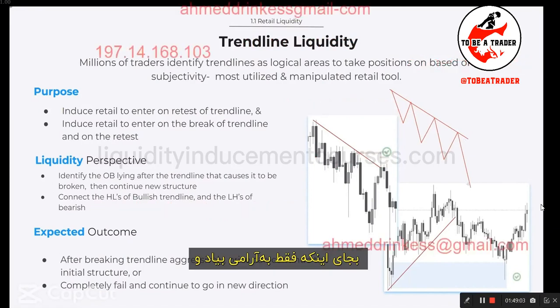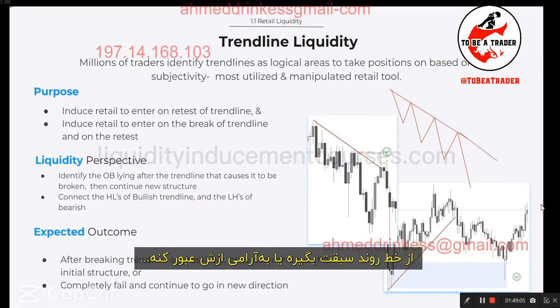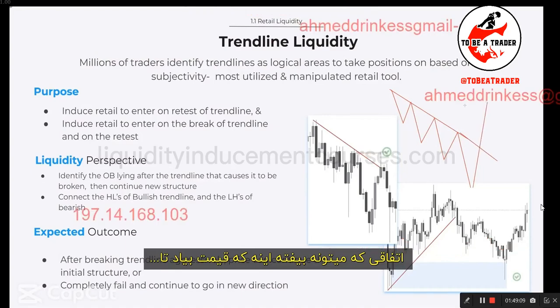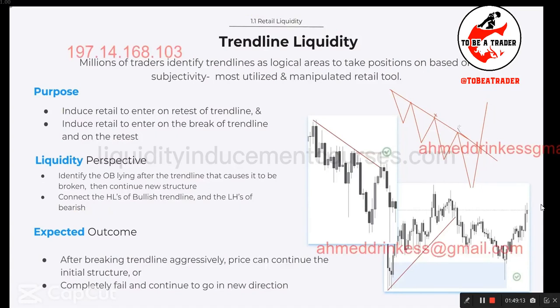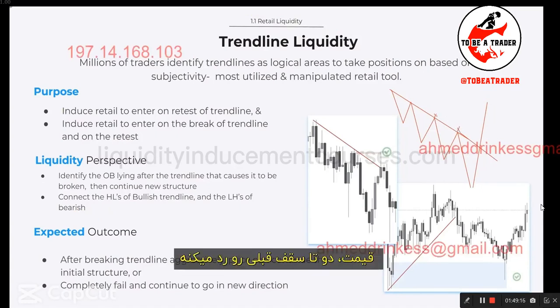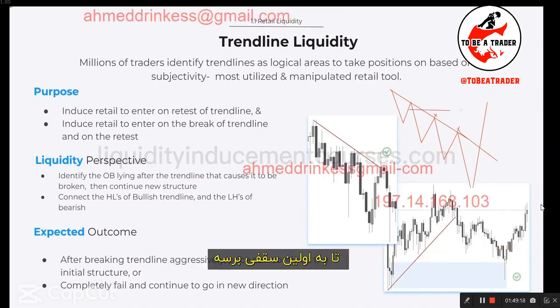Instead of just coming slightly past the trend line, what can happen is price will take out two previous highs to then come to the first instance that actually started that trend line.